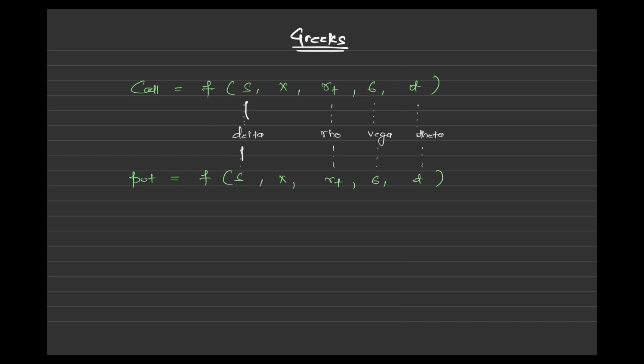So that is delta, vega, theta, and rho. What about gamma? We'll discuss gamma in a while. But these are the first order derivatives of the call option or put option with respect to the different factors.